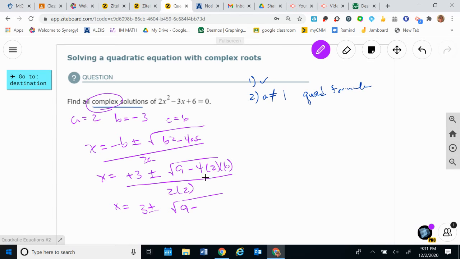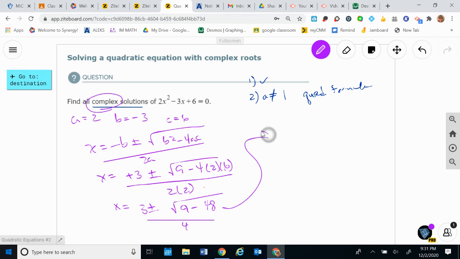9 minus 4 times 2 times 6. I don't know if we did imaginary numbers in this class. 8 times 6 is 48, all over 4.